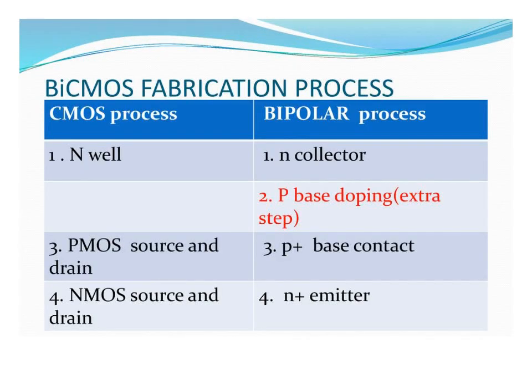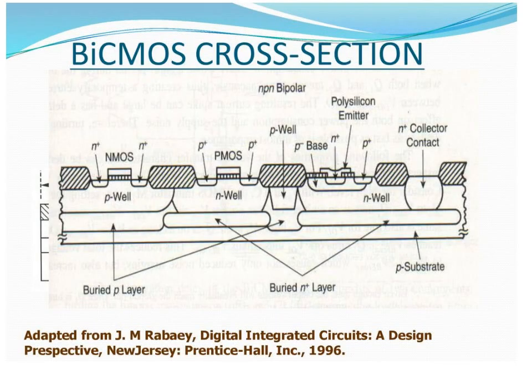The basic fabrication process flow is shown here, which combines the CMOS and bipolar technology process flows as mentioned here. The cross-sectional schematic of a BiCMOS device is captured in this figure, which shows how CMOS and bipolar transistors are fabricated in one substrate by forming N-well and P-well wherever required.